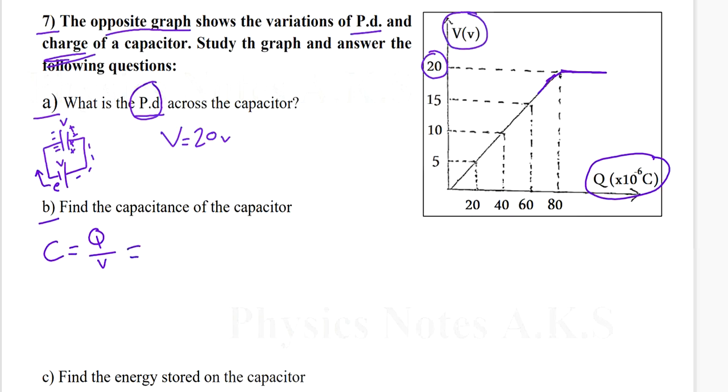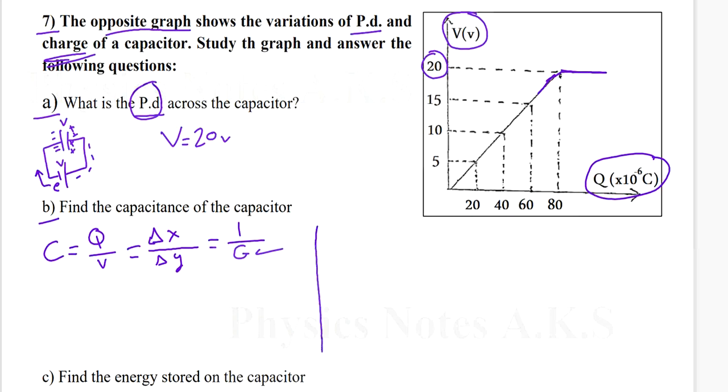So basically the capacitance here is the change of x over the change of y, and this is 1 over the gradient. I will represent the gradient as g. Gradient is the same as slope, of course, you know that. So first of all, I will find the slope or gradient, and then I can find the capacitance.